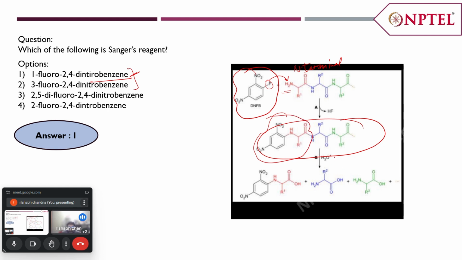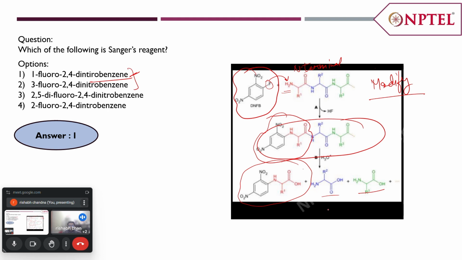Now we have an acidic step. This acidic step helps us to release the modified amino acid, and the amino acids are separated out from the protein. So this technique was generally used to modify the N terminal.